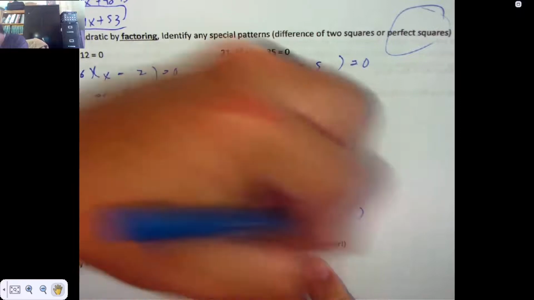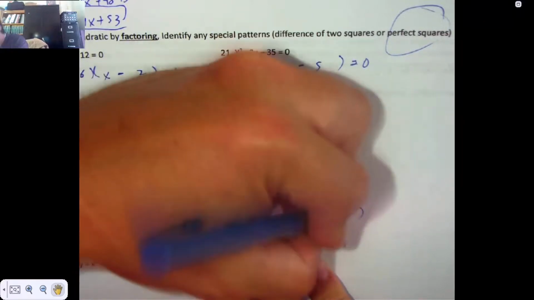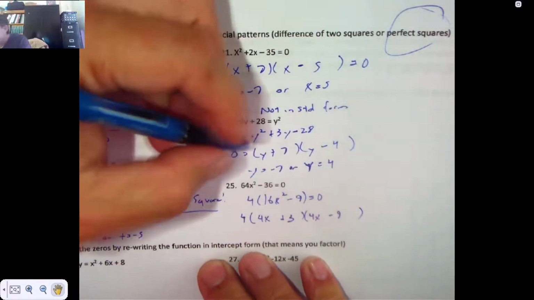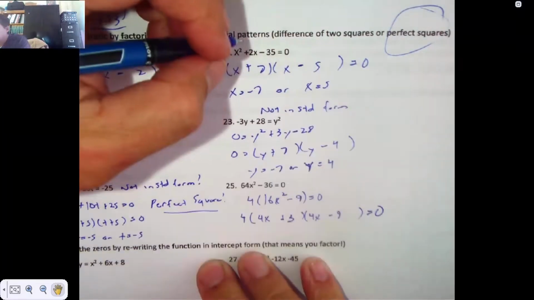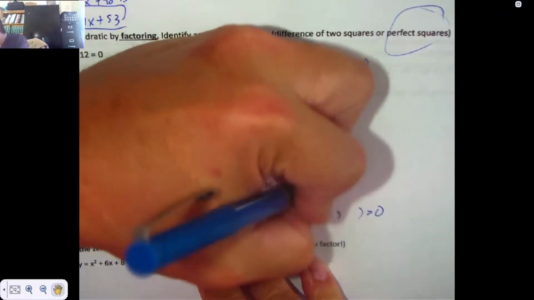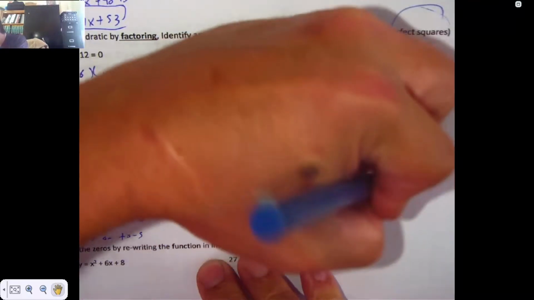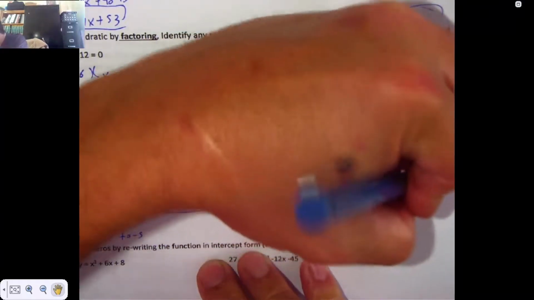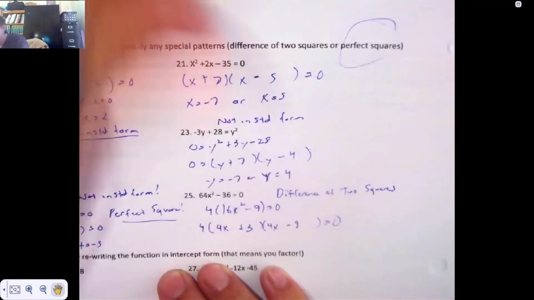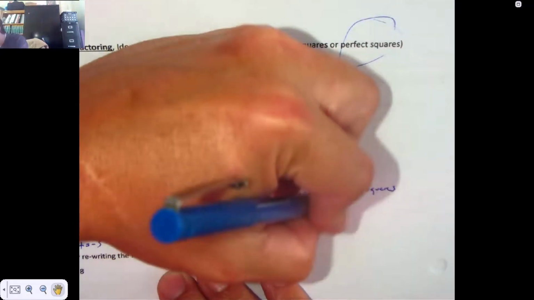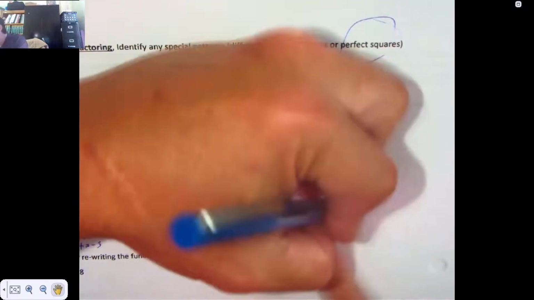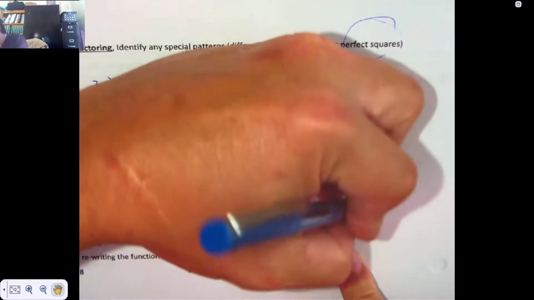To create a 9, I need a positive 3 and a negative 3 because there's absolutely nothing in the middle. Again, this is a difference of two squares. I just did all this assuming you guys knew something. It follows the pattern a squared minus b squared, which is a plus b times a minus b.